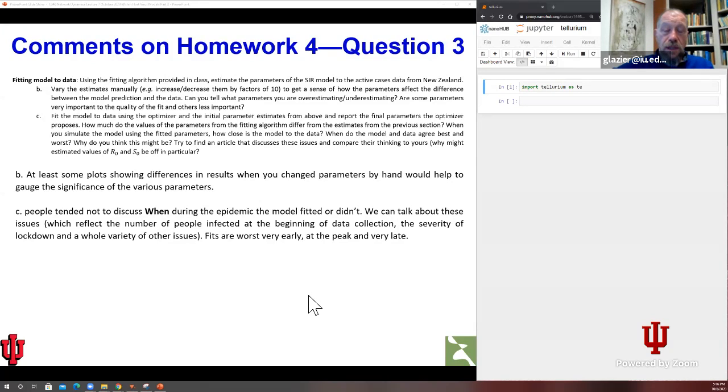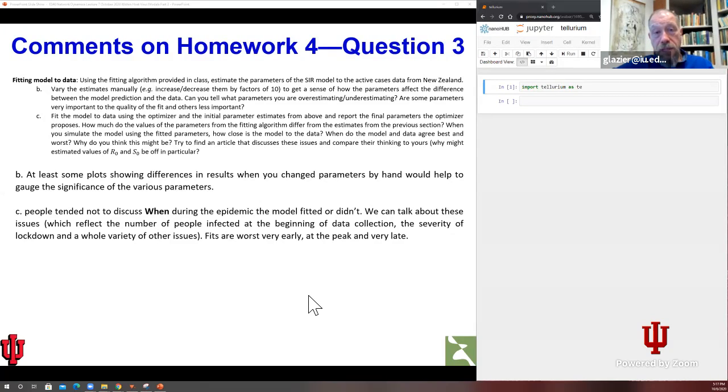In general, early in the infection, the fit isn't very good because we don't really know how many people are involved, and that effective S naught is going to change. Then there's a shift in the infectivity because people start being more careful once the epidemic gets going. And so R naught may be shifting.